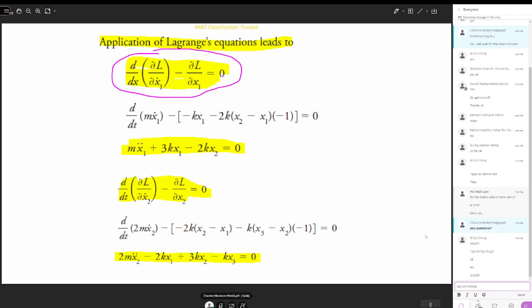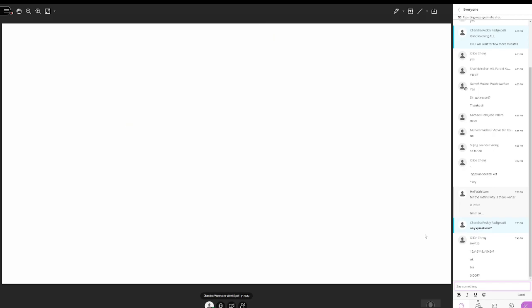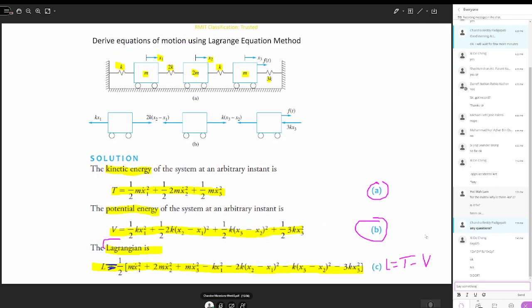I'll first explain what we are doing. We take the partial derivative of L with respect to x1 dot, the velocity.